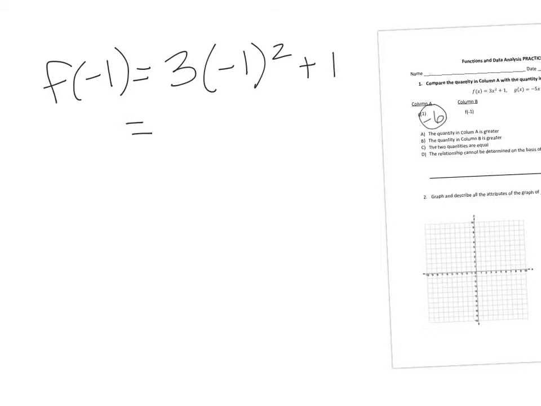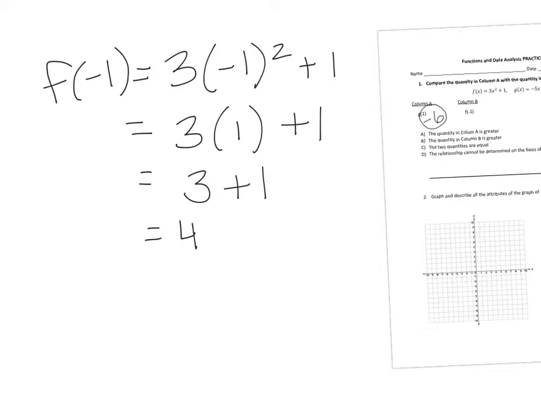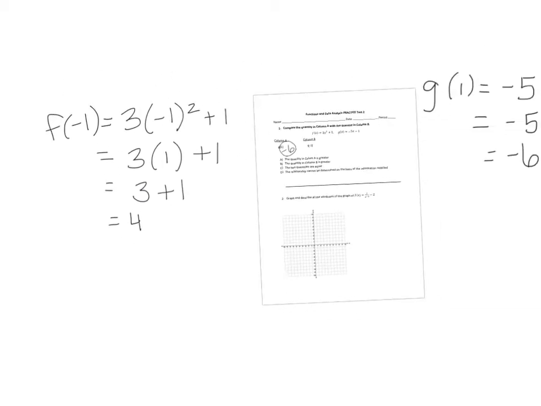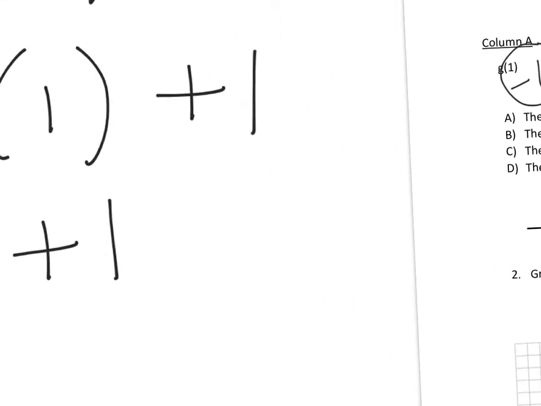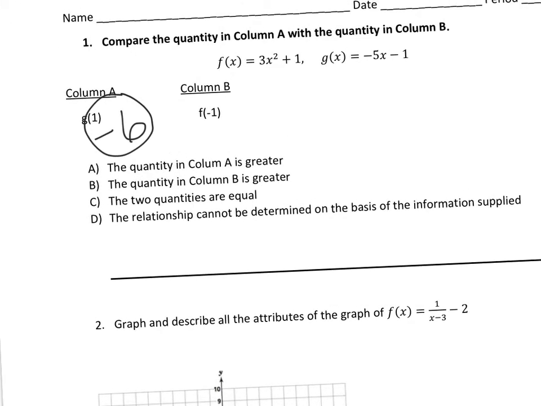If I do my exponents first, negative 1 squared is positive 1. Then multiplication goes next: 3 times 1 is 3. And then lastly, 3 plus 1 is equal to 4. So if I go back over here, f of negative 1 was positive 4.